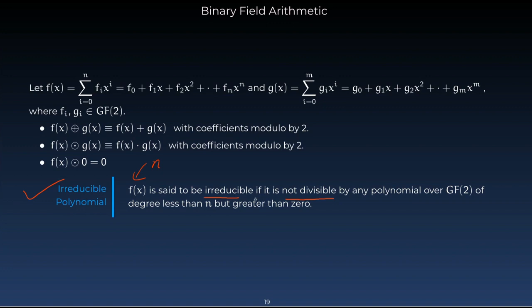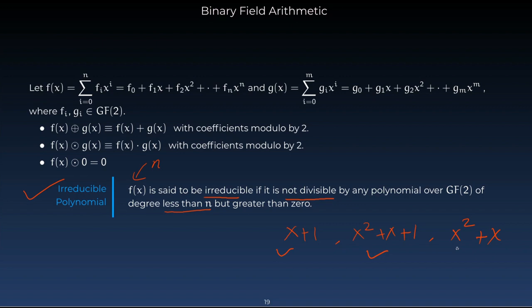So one example of this kind of polynomial is x plus 1. It is not divisible by any degree 1 polynomial, so it is irreducible. Another example is x square plus x plus 1. So these two are our irreducible polynomials. But if you consider x square plus x, then this polynomial is factorized.